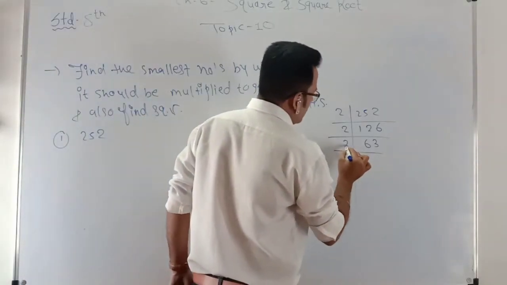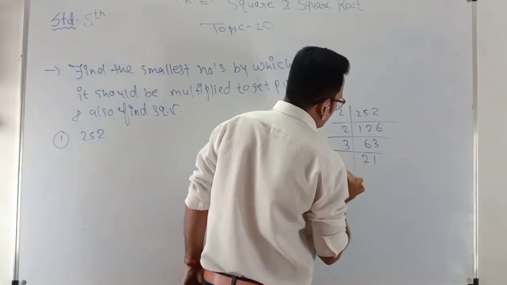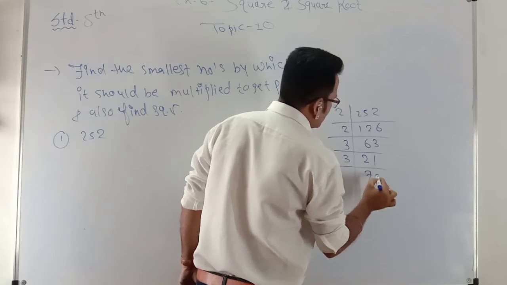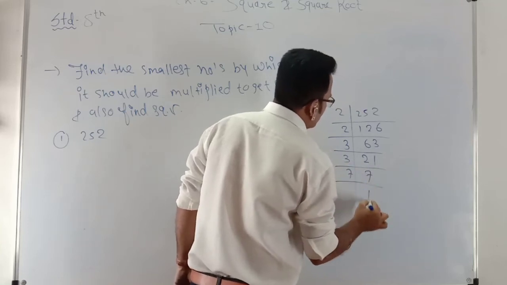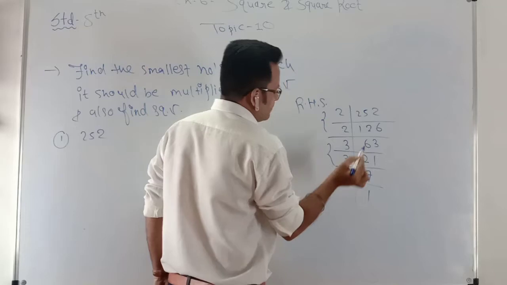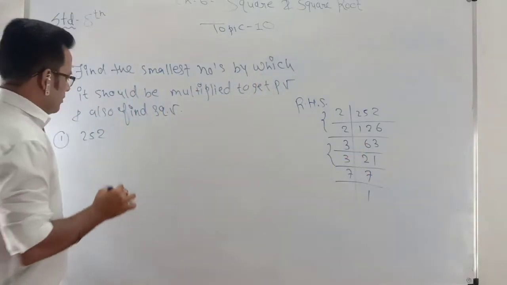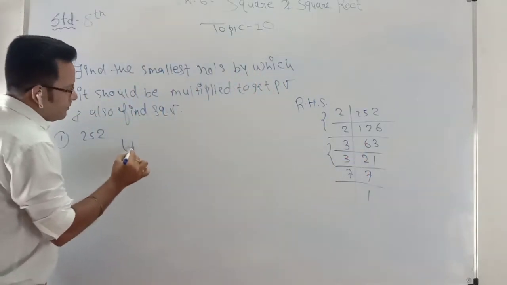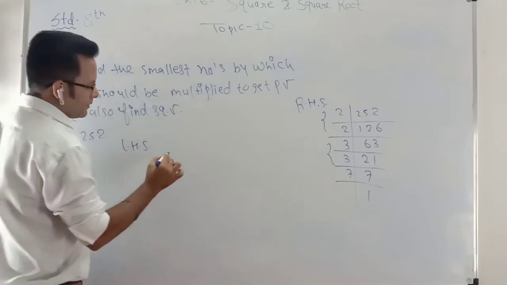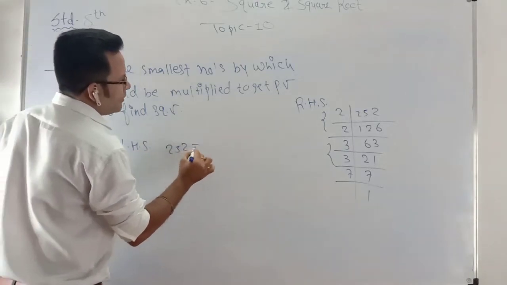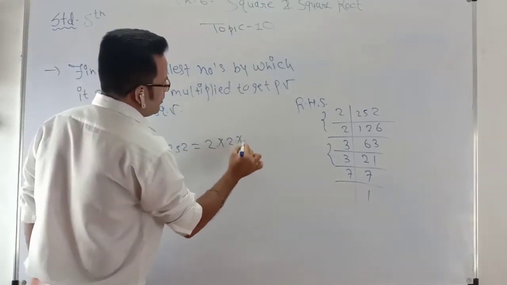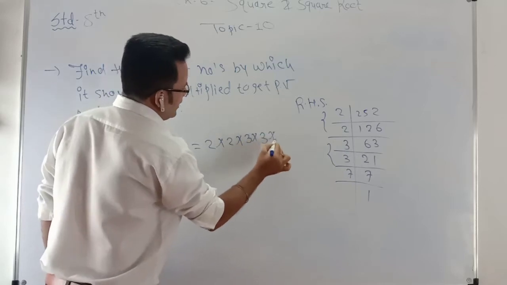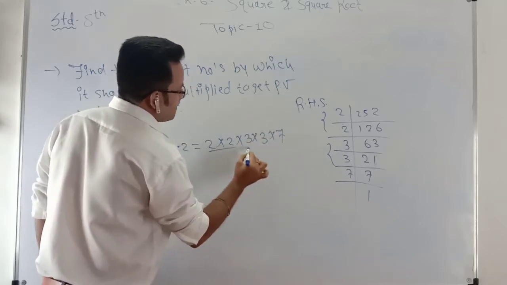So 3 21s are, 3 7s are, 7 1s are. Now come to the LHS side. 252 is equal to 2 into 2 into 3 into 3 into 7.